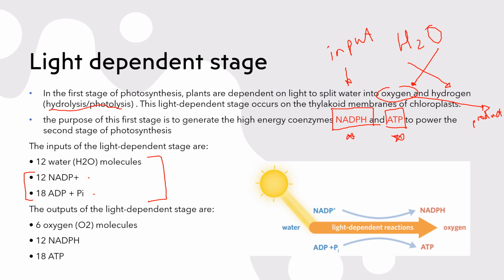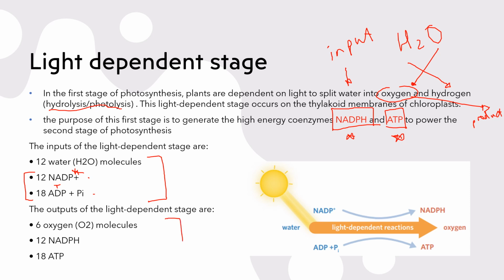You'll see that they're unloaded because they don't have the hydrogen there and they don't have that extra phosphate there yet. So NADP plus and ADP are the unloaded versions of these coenzymes. They're going to be inputted into this process and through it are going to become their loaded versions.